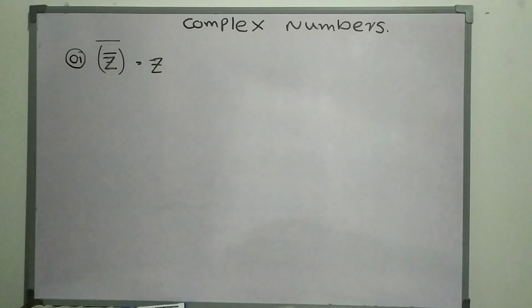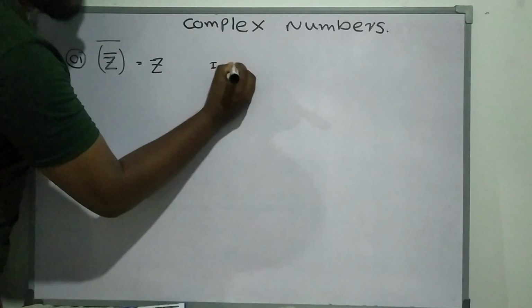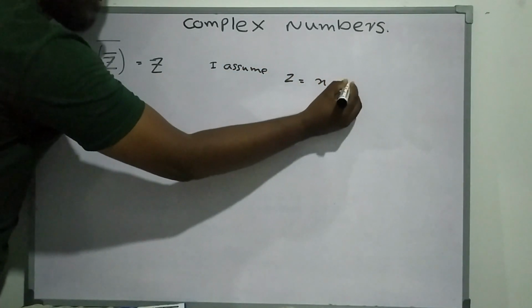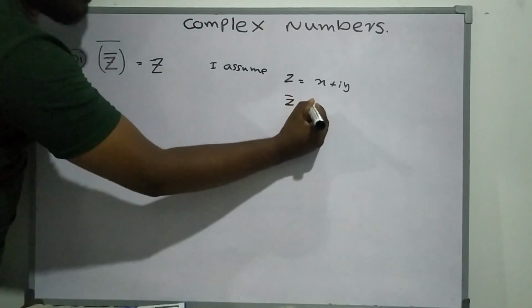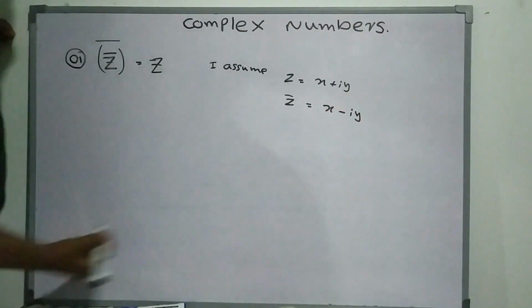So the first one is z double bar equal to z. I assume z as x plus iy, then z bar will be x minus iy.